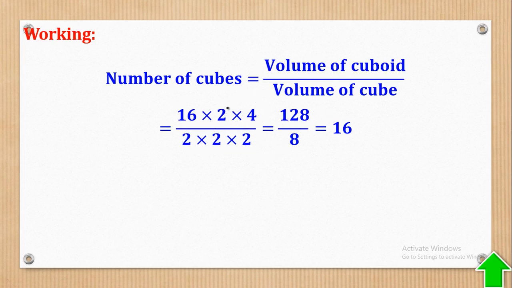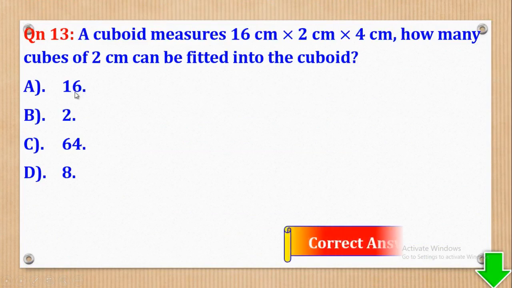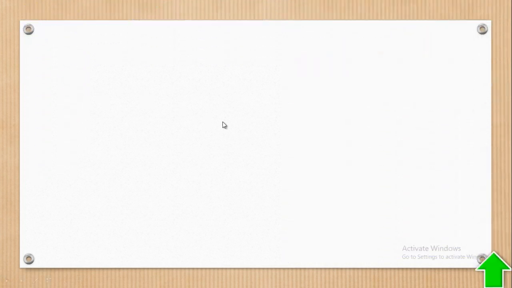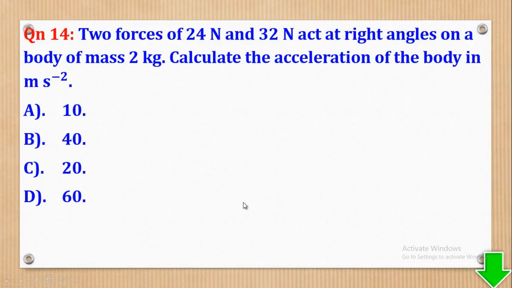So I will look for the option which has 16, and that is option A. So the correct answer is A. So that was question 13. Now we shall go to question 14.